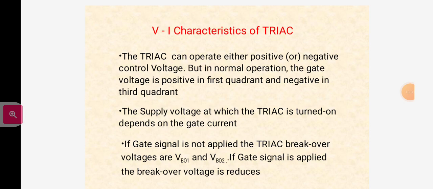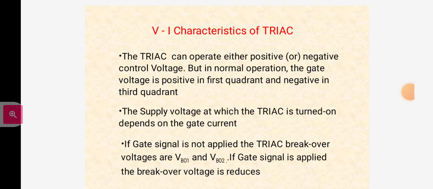In the triac, the SCRs are connected in anti-parallel connection. That is why one SCR works in the first quadrant of the VI characteristics and the second SCR works in the third quadrant.